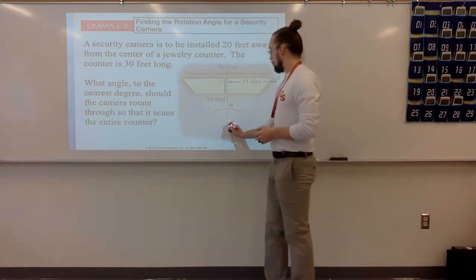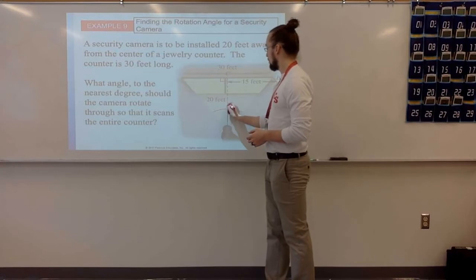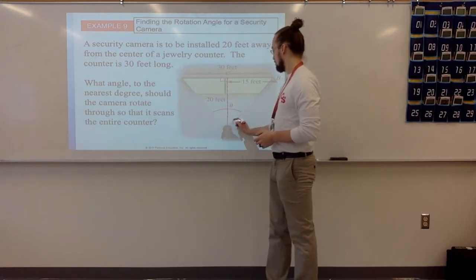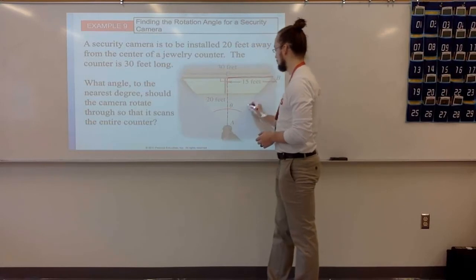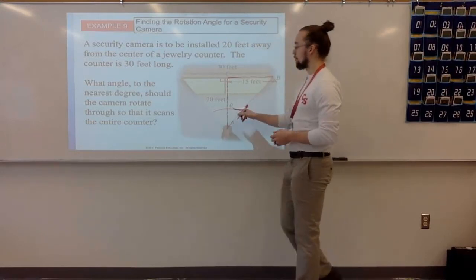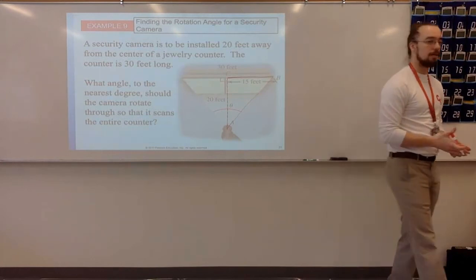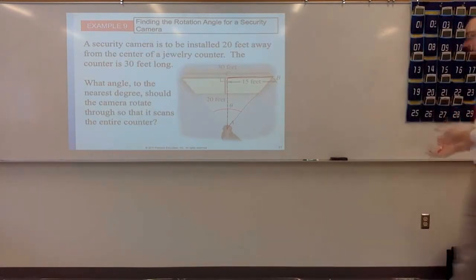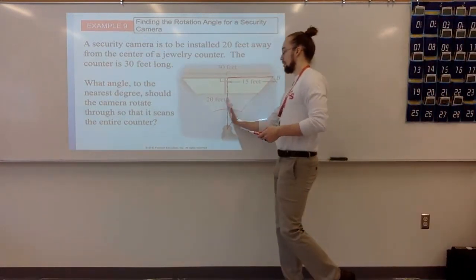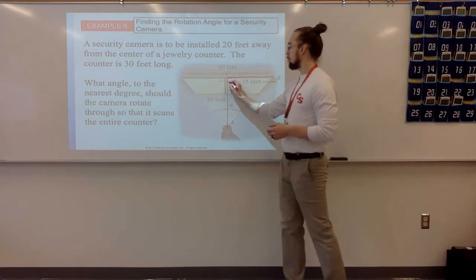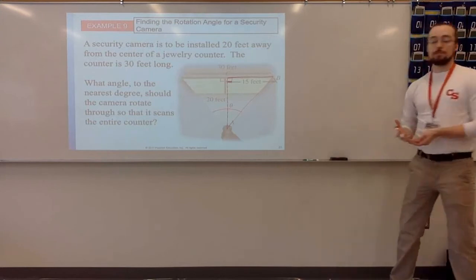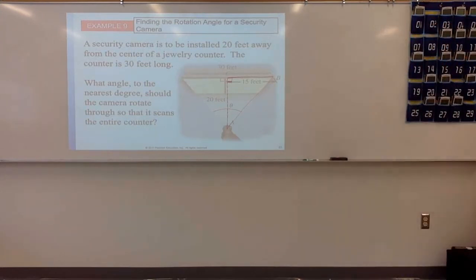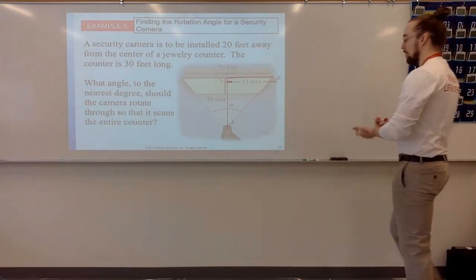Well, what we can do here with a problem like this is split this up into two right triangles. So I can solve for half of the angle that I need, and then use that to calculate the entire angle. So we looked at problems where we were solving for a side a lot in the beginning of this chapter.